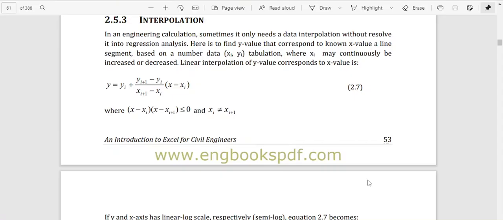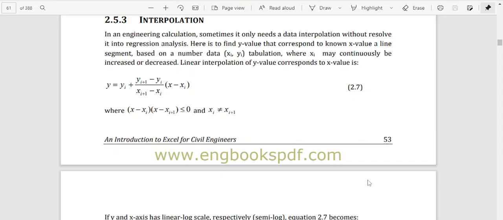D10 is the diameter opening corresponding to 10% passing, D30 to 30% passing, and D60 is the diameter opening corresponding to 60% passing. Now, when you check your percentage passing, you might not see 10% exactly, you might not see 30% exactly, you might not see 60% exactly.